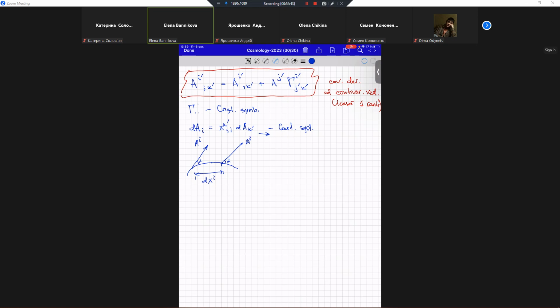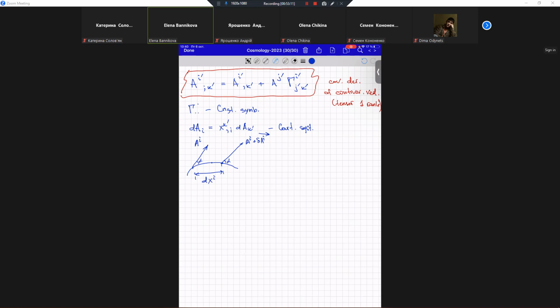And let's call it A plus, and of course some change delta a i. So the second point is we made the parallel shift.